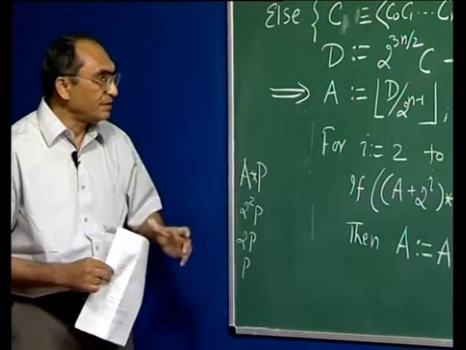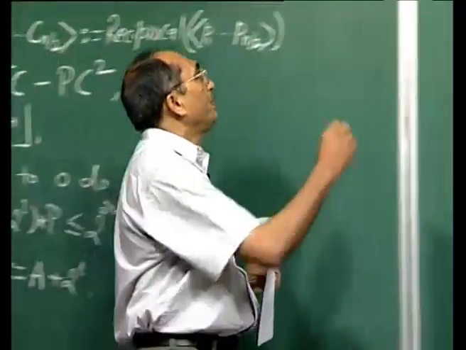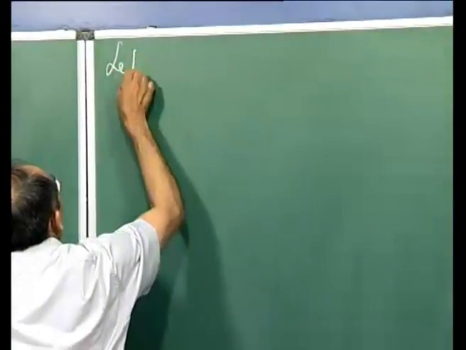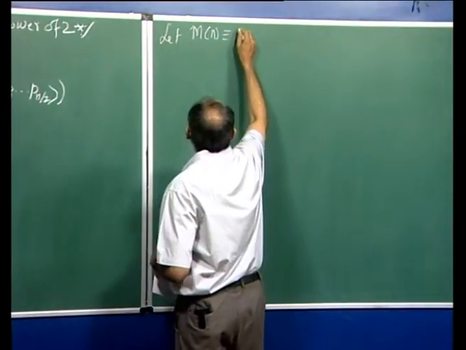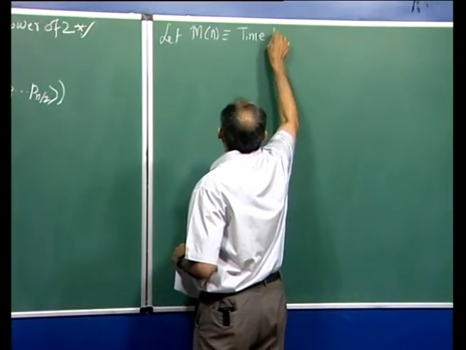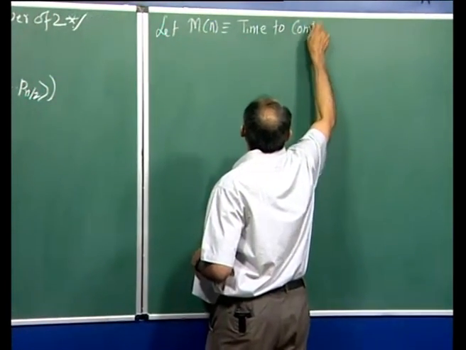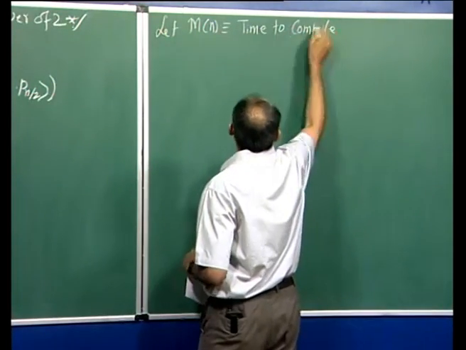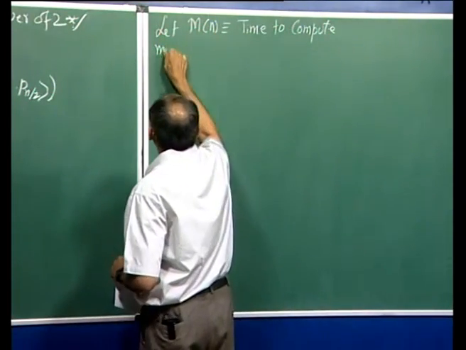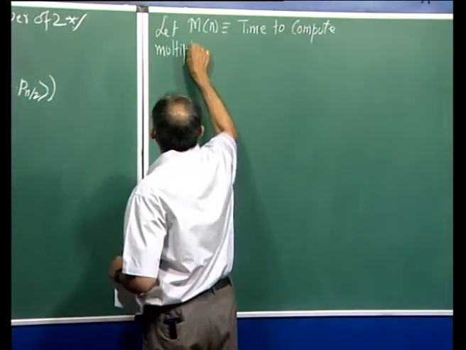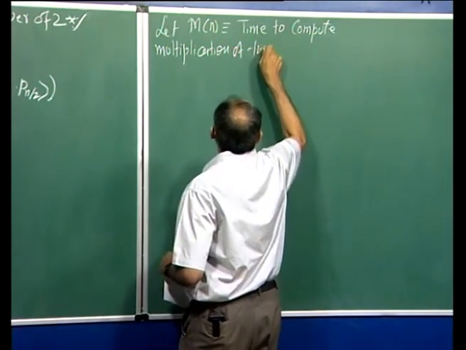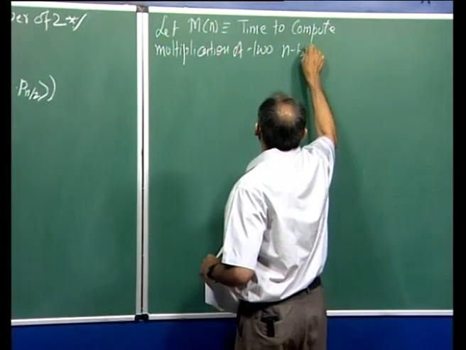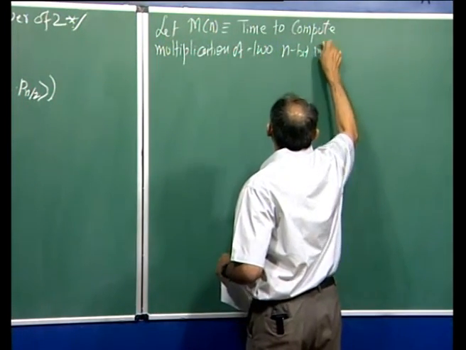So, multiplication of 2 n bit numbers may be denoted by Mn. So, let Mn be the time to compute multiplication of 2 n bit integers.